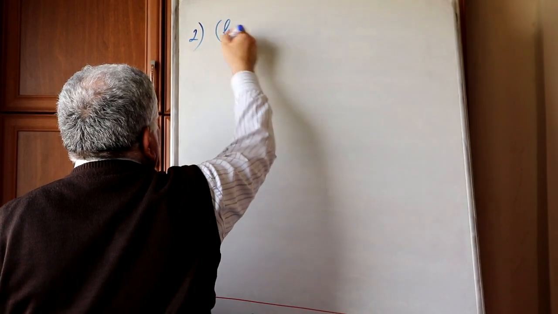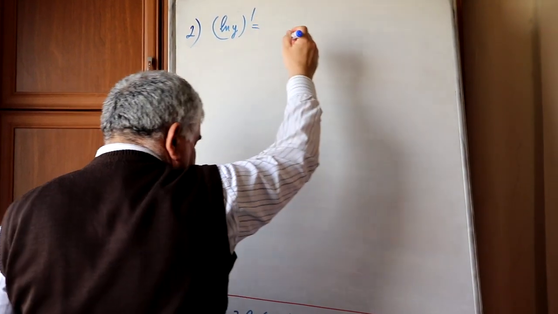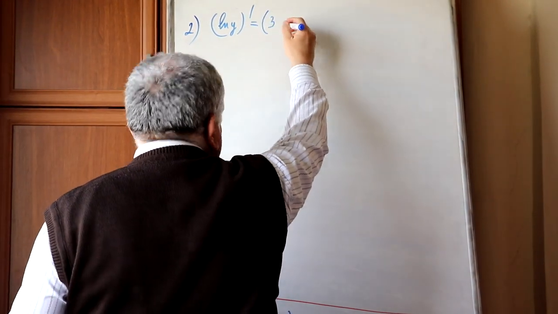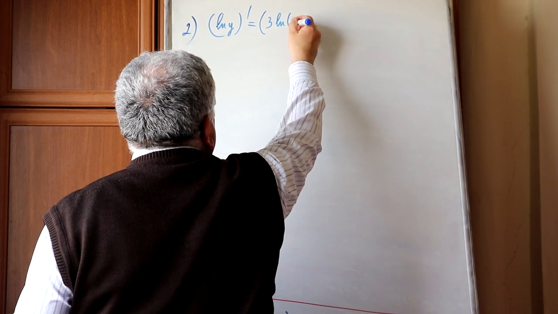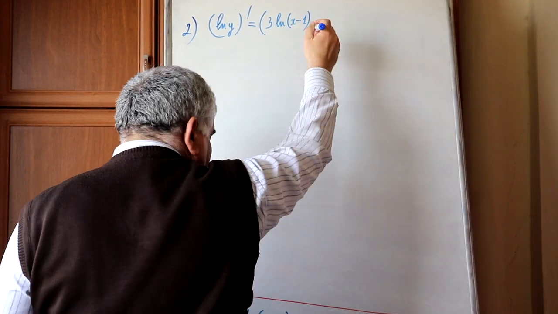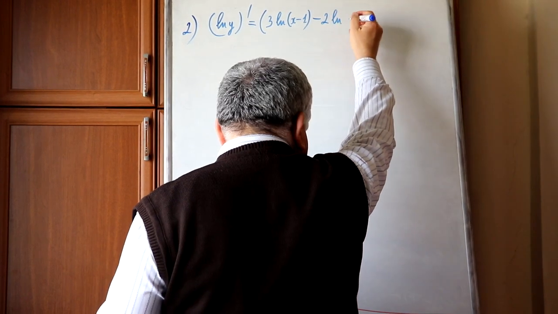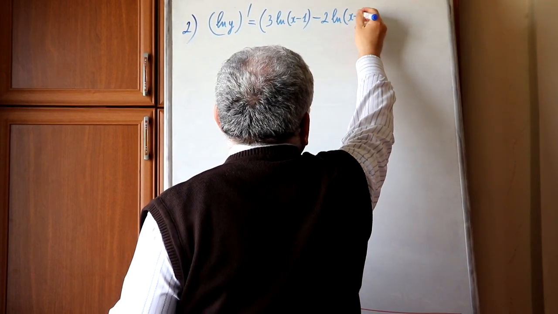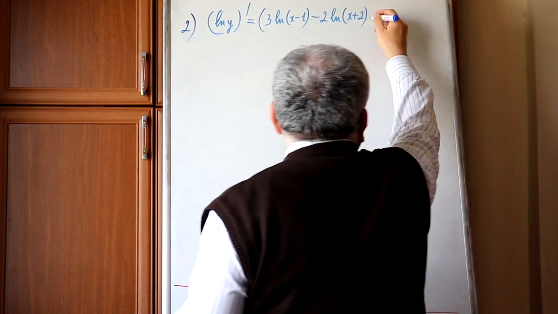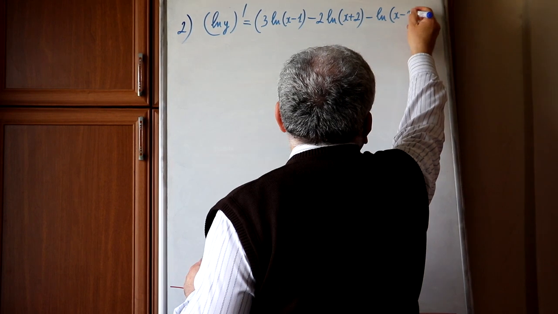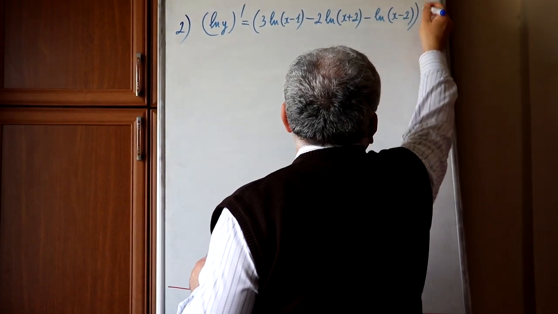Derivative of natural log of y equals derivative of the right part: 3 natural log of x minus 1 minus 2 natural logarithm of x plus 2 minus natural logarithm of x minus 2, prime.